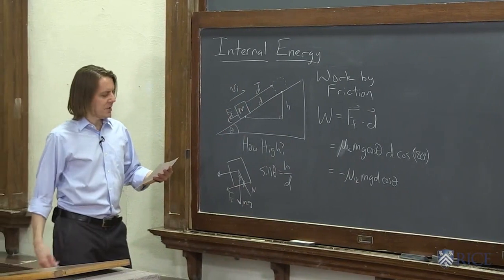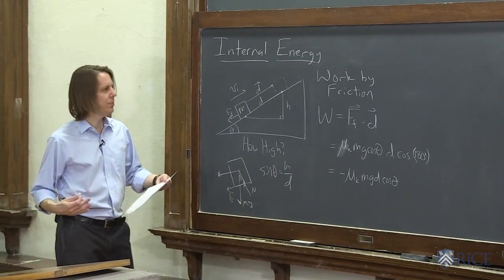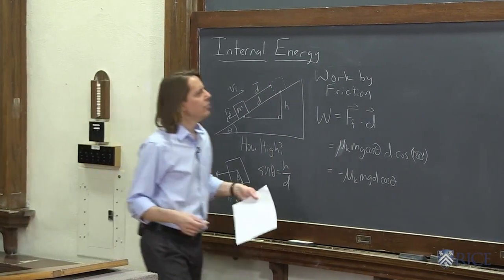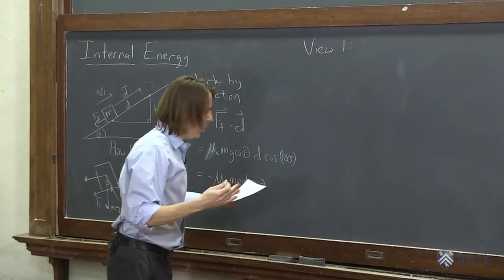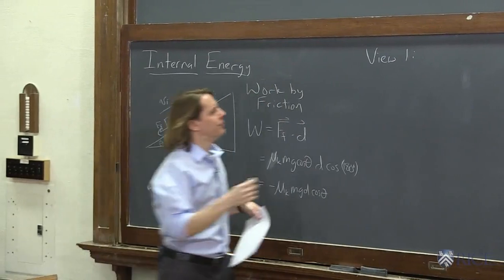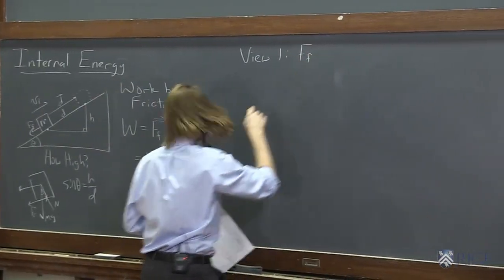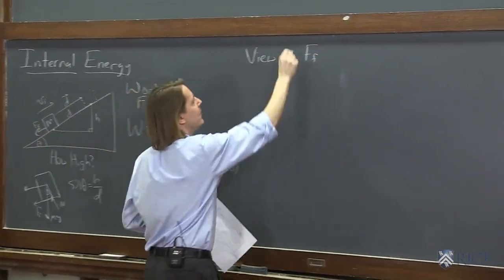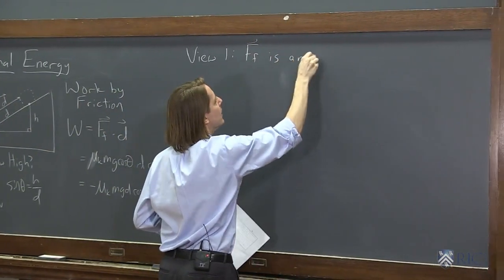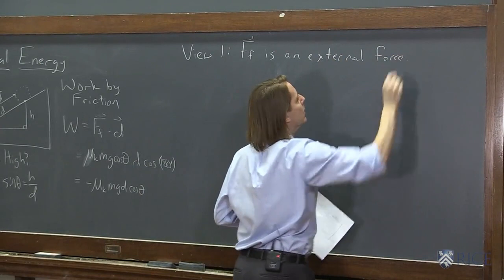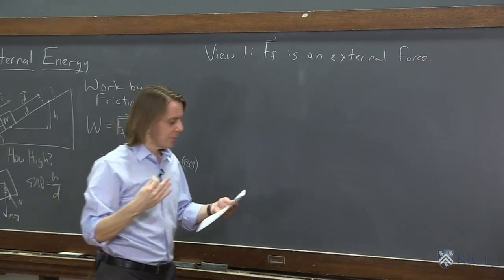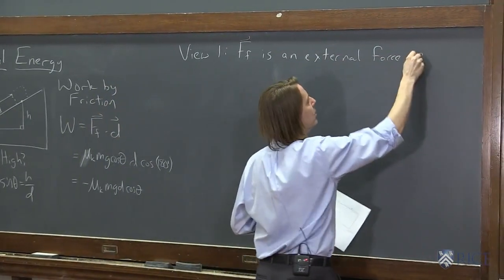So now to use this in a problem, there's sort of two ways to look at it. One way, we'll call this view 1. View 1 is that the frictional force, F_f, is an external force, so it's not part of the system. An external force applied by the ramp.